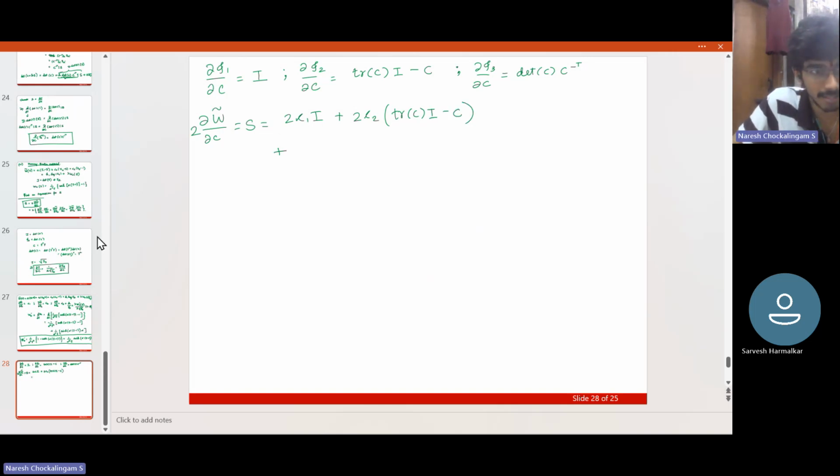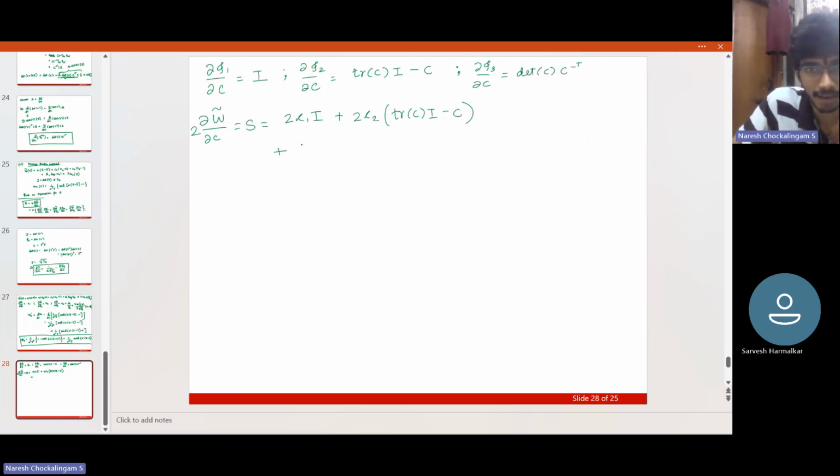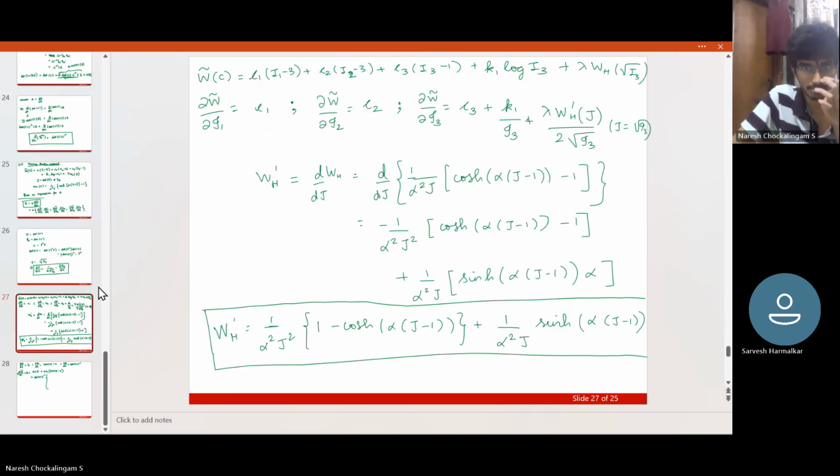Third term. So the third term is somewhat big. We have dou W with respect to I3 multiplied with dou I3 with respect to C. Whatever will get multiplied is determinant of C, C inverse transpose. This will multiply with a big expression. What is the big expression? The big expression is this thing.